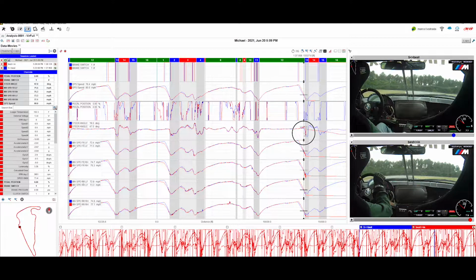And what that tells me is that I don't know that the brakes are locked, but the brakes are preventing you from getting good steering.